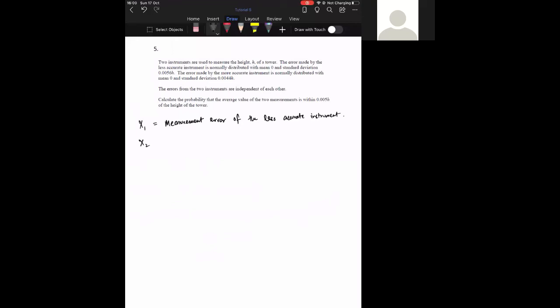And x2 is the measurement error of the more accurate instrument.